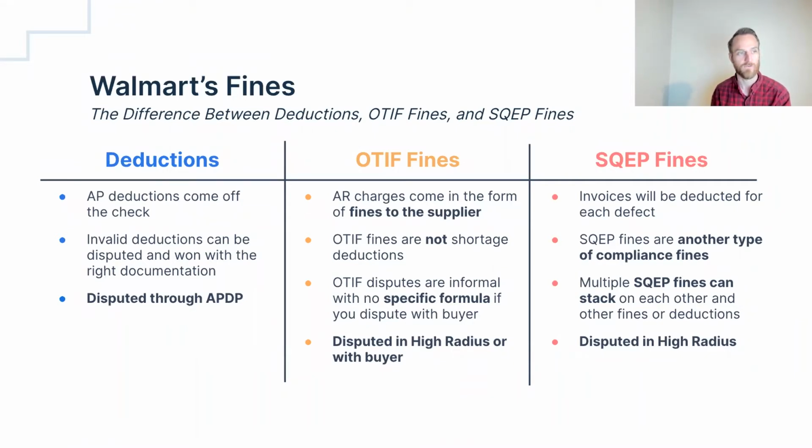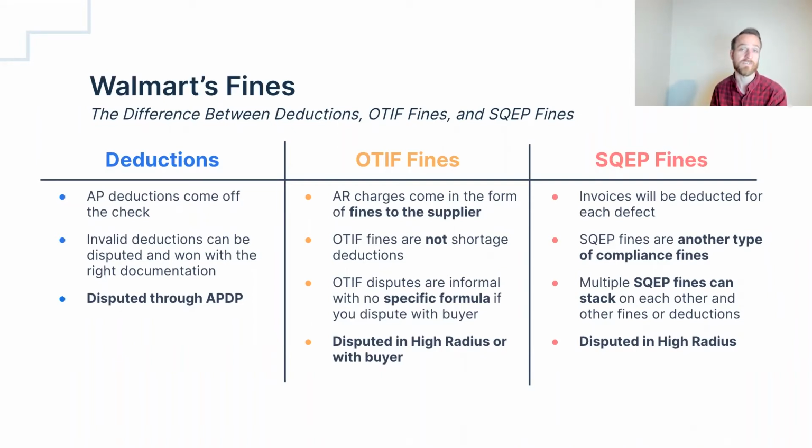Just want to set the stage here. So when we're talking today about OTIF fines, Walmart loves to charge you every single way they possibly can. Some common forms of chargebacks and deductions: number one on the left, you have AP deductions, and they're actually related to today's topic. A common deduction type is a shortage deduction, like a code 22, 24, 25, if you're familiar with those deduction codes.